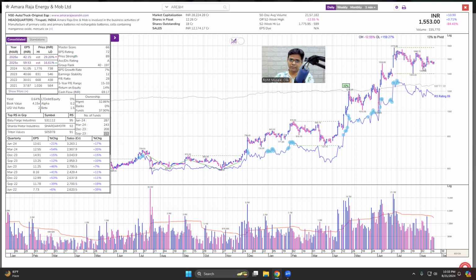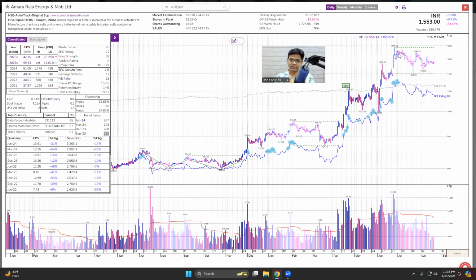I would like this tightness in price to come in the upper first quarter of the base. You see here it is written 13% to pivot. So MarketSmith draws a line here and says that the current price is still 13% away from the main breakout point. If the price breaks that resistance and starts to go up, then probably the stock has some potential.